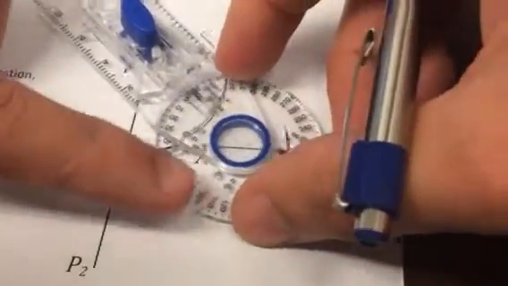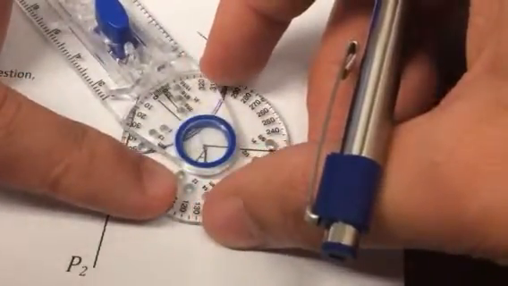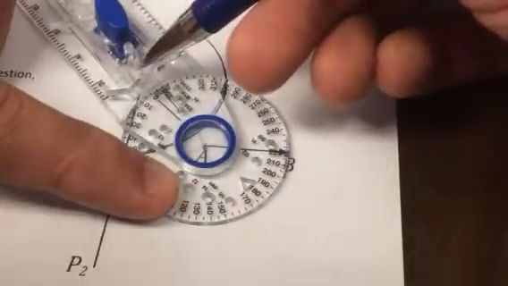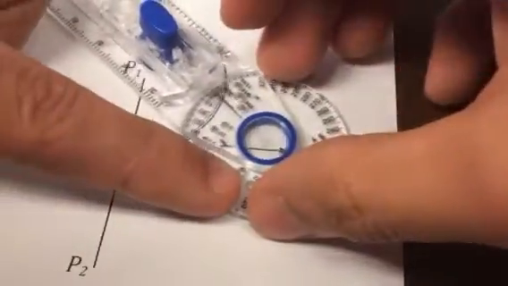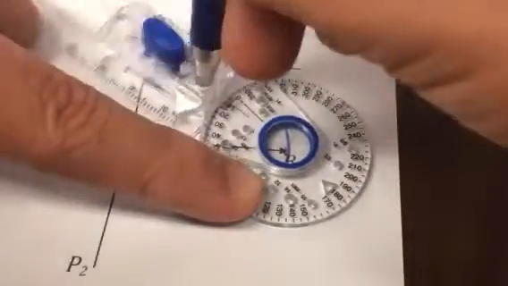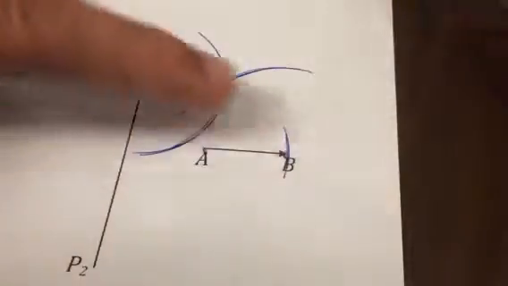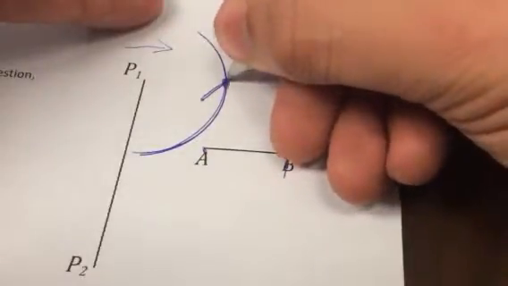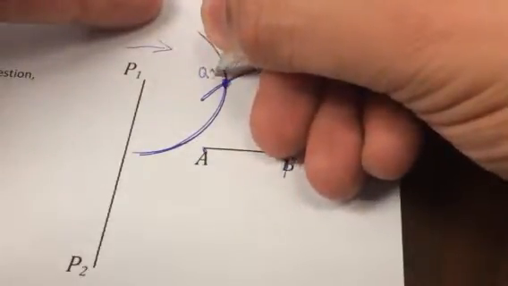Then once I have it lined up, there's my A, my P1 is right here. I'm gonna place B as my center and connect. So this is my new Q1.